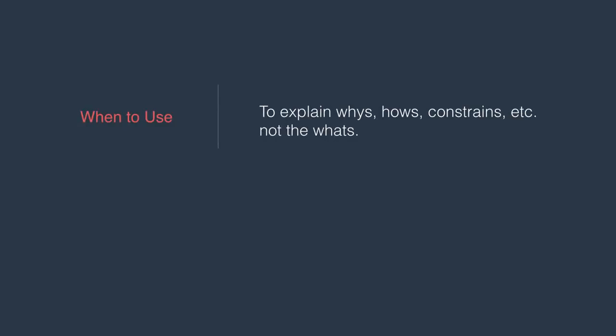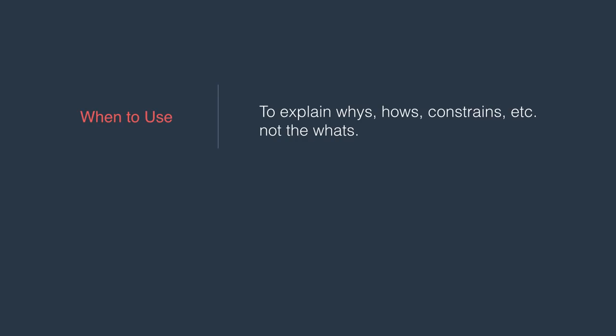Now, as a rule of thumb, keep your comments to a minimum. Use comments only when required, and that's when explaining whys, hows, constraints, and things like that. Do not explain what the code is doing. Your code should be so clean and straightforward that it doesn't need comments. If a comment explains just what the code is doing, it's redundant. And the problem with redundant comments is we change the code, but not everyone is very consistent in changing the comments.